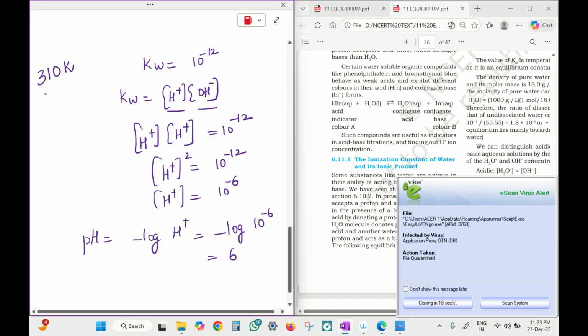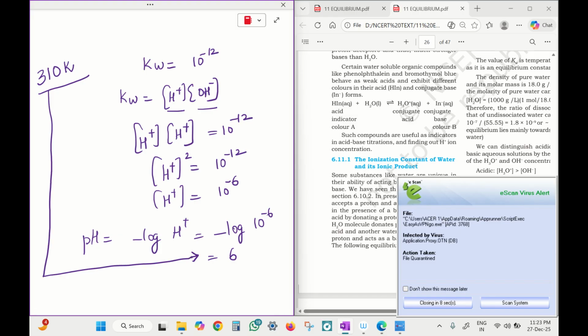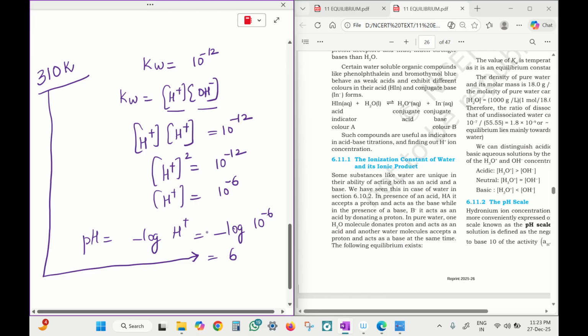So it is possible that at a different temperature, water is neutral, but its pH may not be 7, it may be less. I hope you understand this. So the concept that the pH of water is 7 is applicable only at 298 Kelvin. At a higher temperature, the pH value may come down.